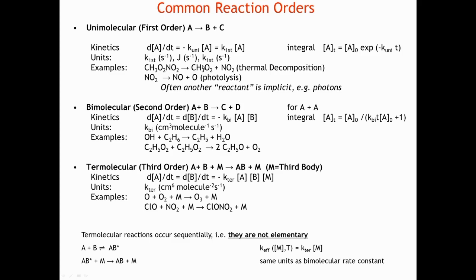Does anyone know what that is? What sort of species is it? It's a radical. It's a methyl peroxy radical. And NO2. So what sort of reaction is this? Not what order, what sort of reaction? Initiation, yeah.